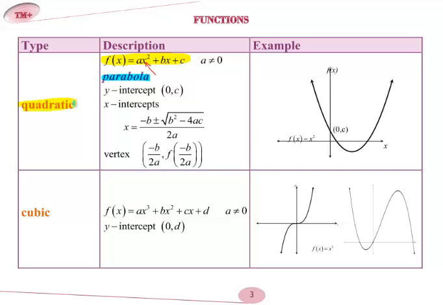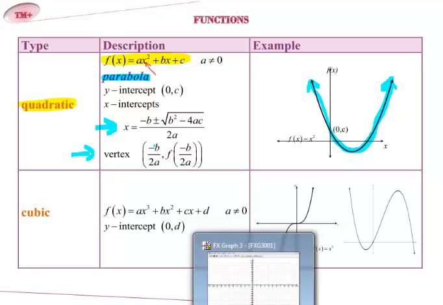Your y-intercept is at (0, c), because if you plug in x = 0 you end up with c, and your x-intercepts are given by the quadratic formula. Also remember your vertex, where x is -b/2a; plugging that into your original function gives you the y value. Here we have an example of what I call a happy parabola. Let's look at some other examples of parabolas.